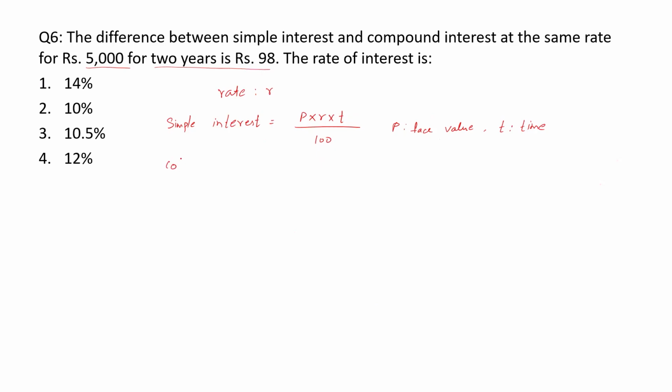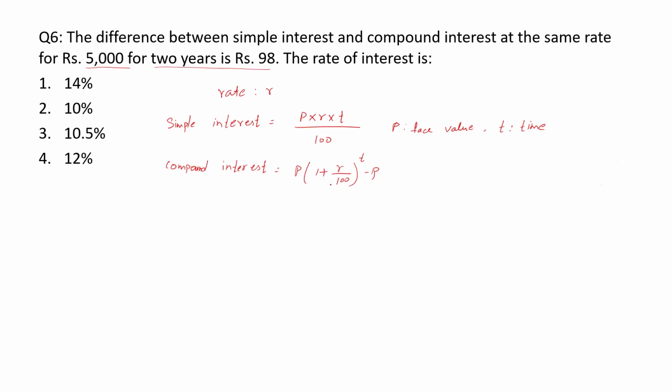Compound interest is something which is a bit complicated. Compound interest is equal to P times 1 plus R upon 100 to the power T minus P. This is your compound interest. Now, simple interest minus compound interest, if you are going to get that subtraction, you have to solve this series.